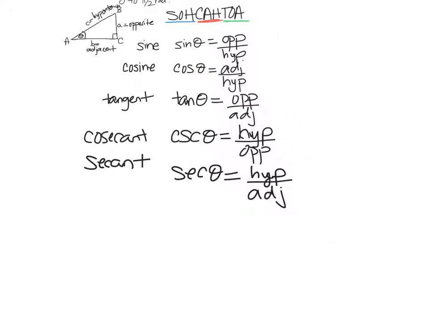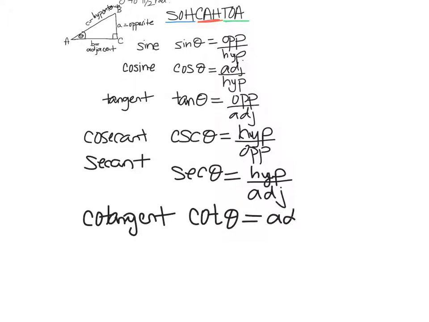And then finally, the last one is called cotangent. And cotangent is abbreviated COT of theta, and that's going to be the reciprocal of tangent. So it's adjacent over hypotenuse.